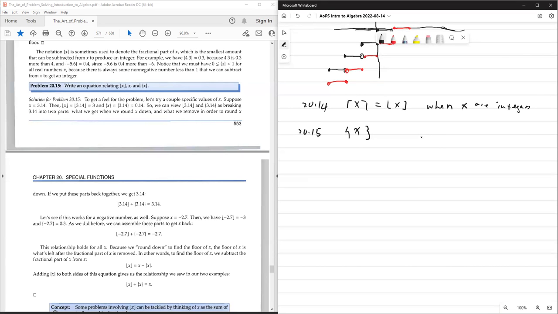This actually has a lot of use in computer science. When you do programming, this is very useful. You want to separate out the integer part and the decimal part separately. So when we do a curly bracket, we disregard all the integer part. We're only keeping the decimal part.